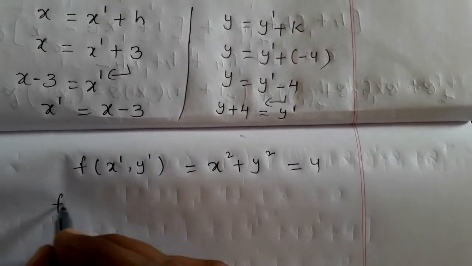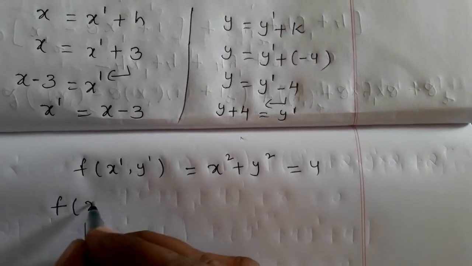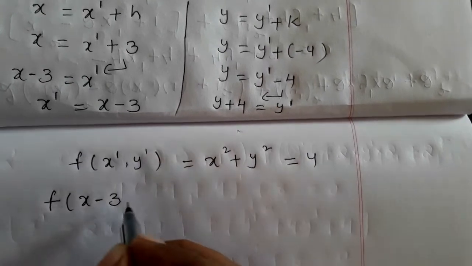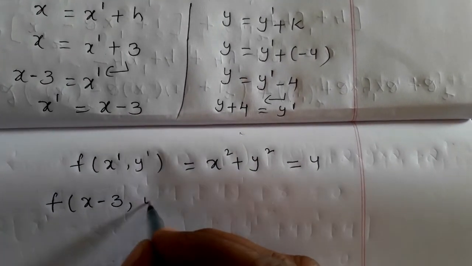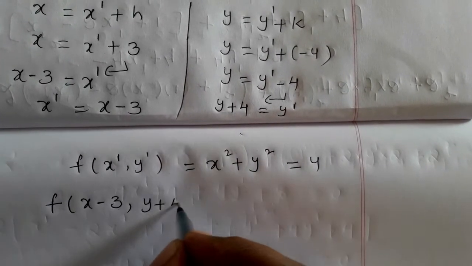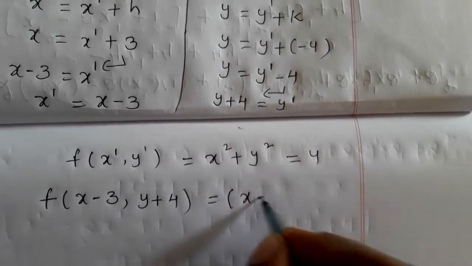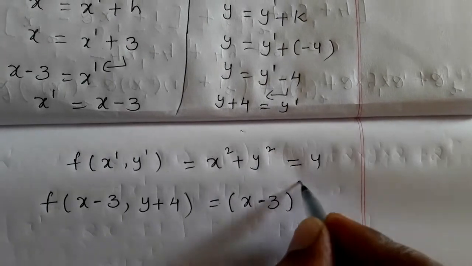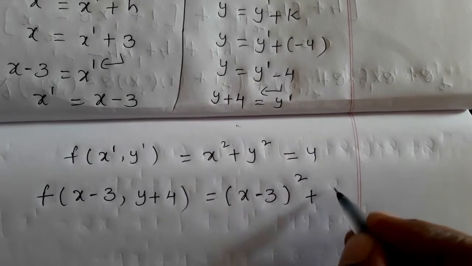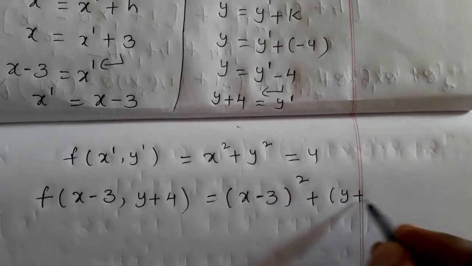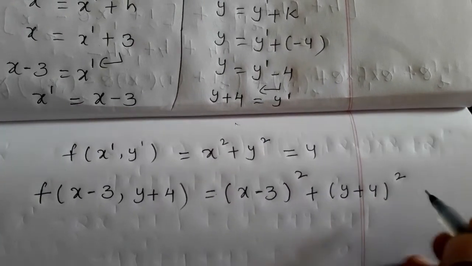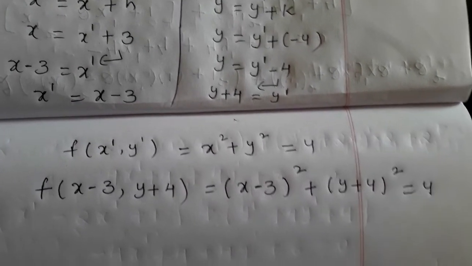What is the value of x dash? x minus 3. What is the value of y dash? y plus 4. That is nothing but x minus 3 whole square plus y plus 4 whole square, that is equal to 4.